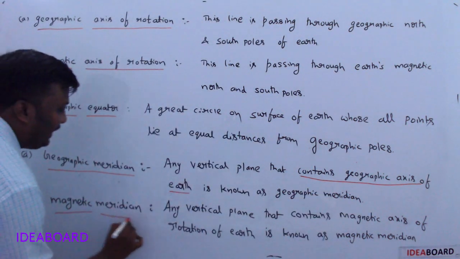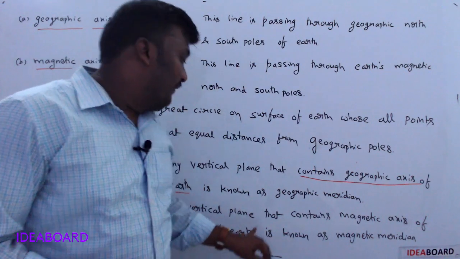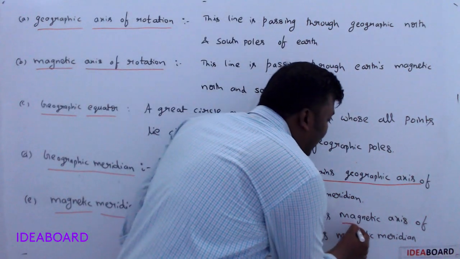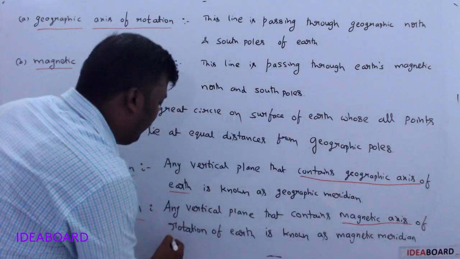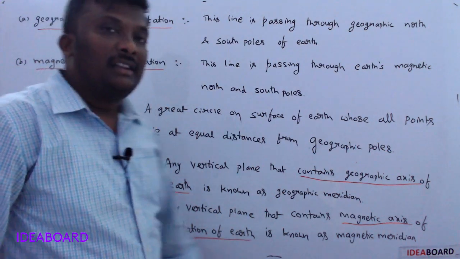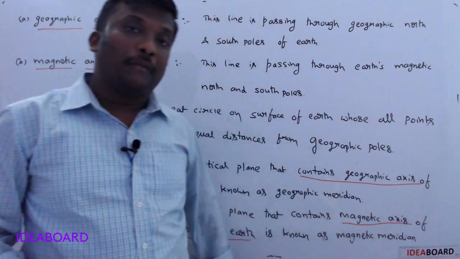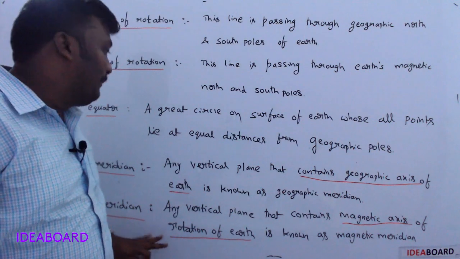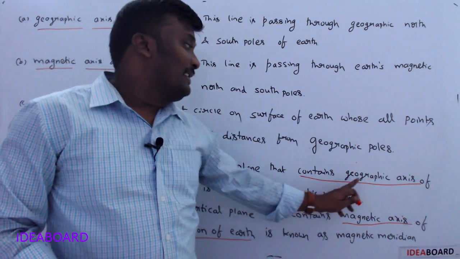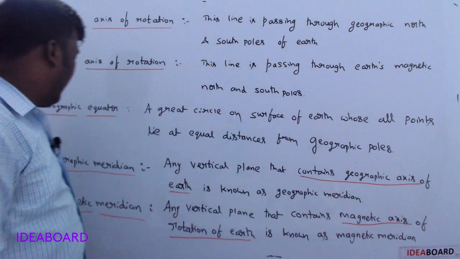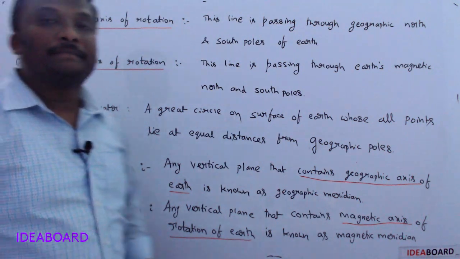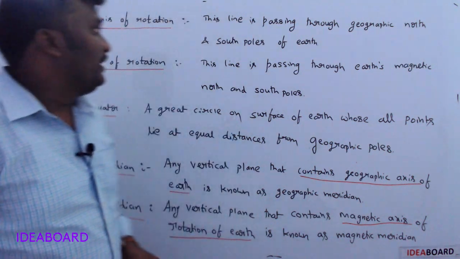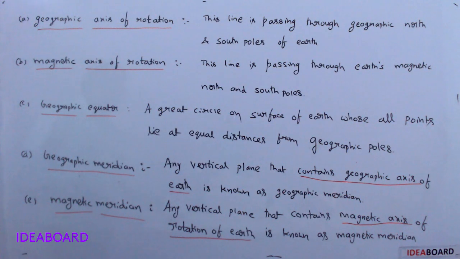And magnetic meridian is any vertical plane that contains the magnetic axis of rotation of the earth. If it contains the geographical axis of rotation, that is called geographical meridian. Understand? Please note down all these definitions.